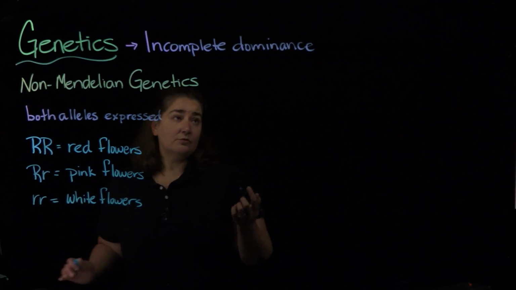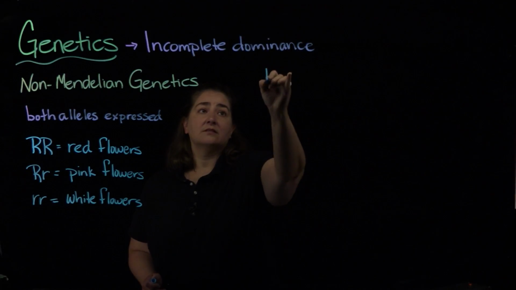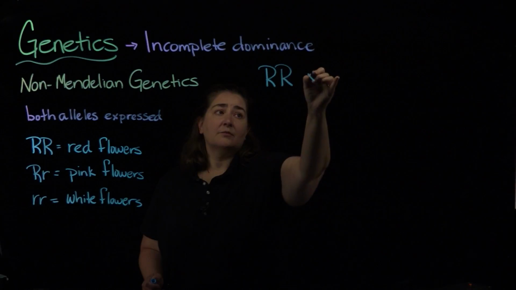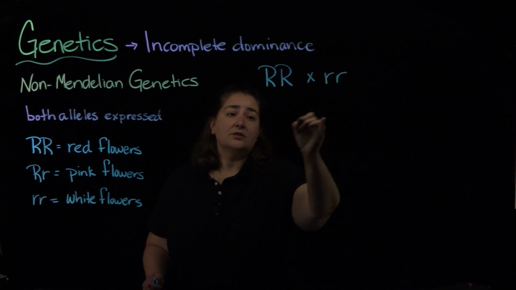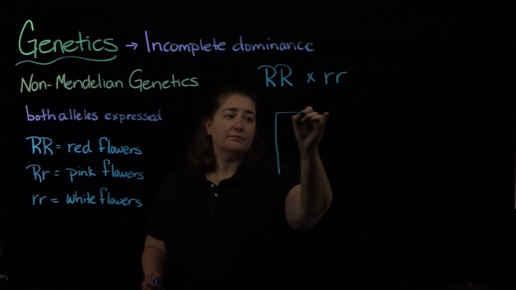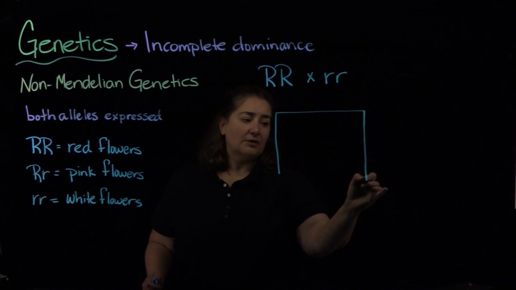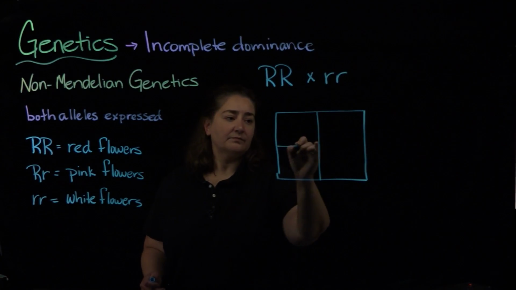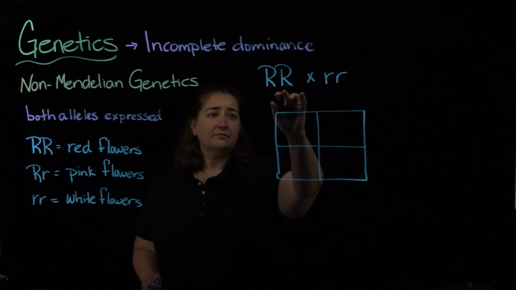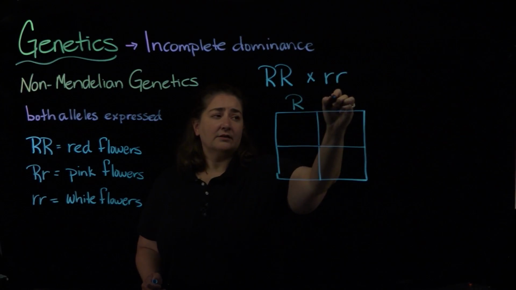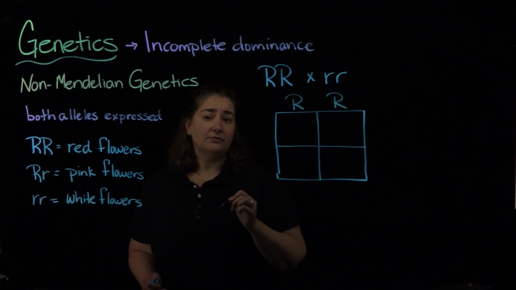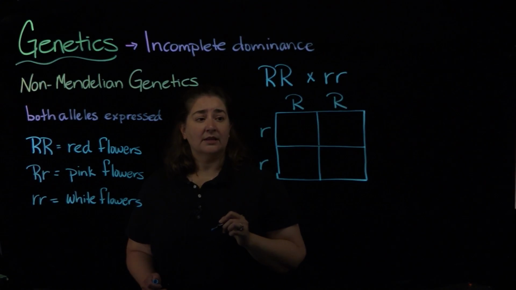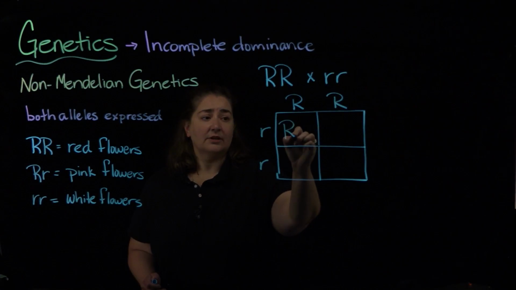In terms of crosses, we're going to look at a homozygous dominant parent crossed to a homozygous recessive, and we can figure this out with our Punnett square. One parent can only give the dominant allele, and the other parent can only give the recessive allele.